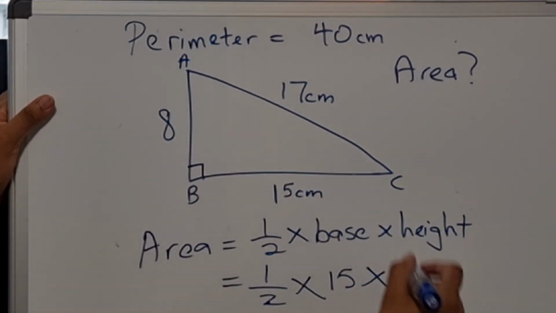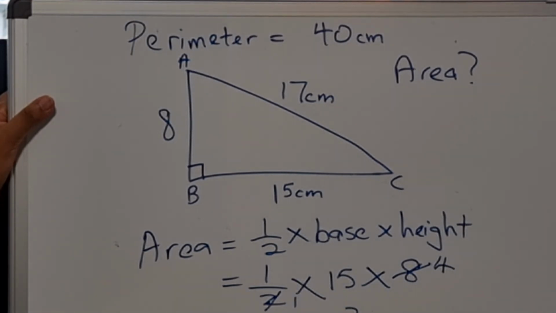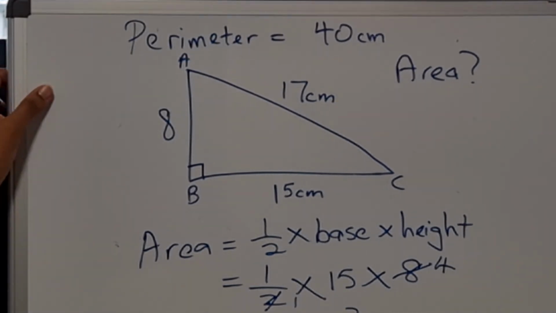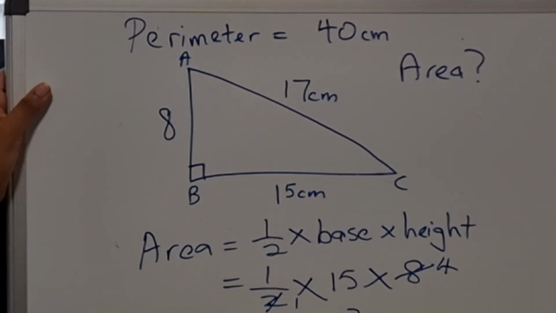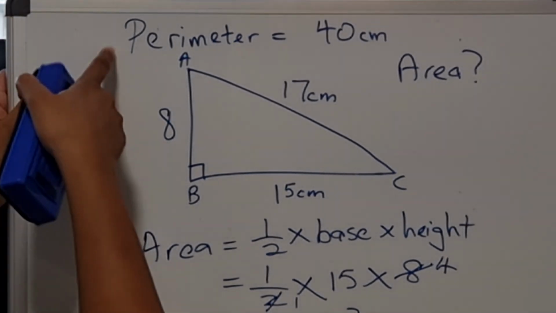Height is 8. So fraction again. 15 times 4 will give you 60 cm squared. Okay, this is how you solve it for area if they give you perimeter.